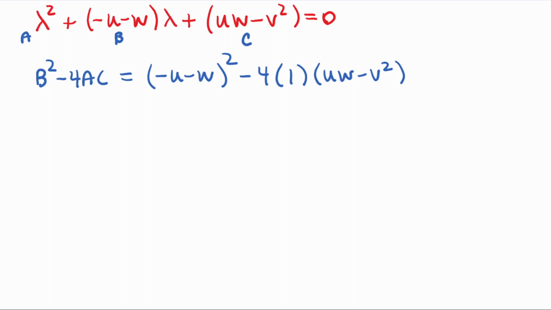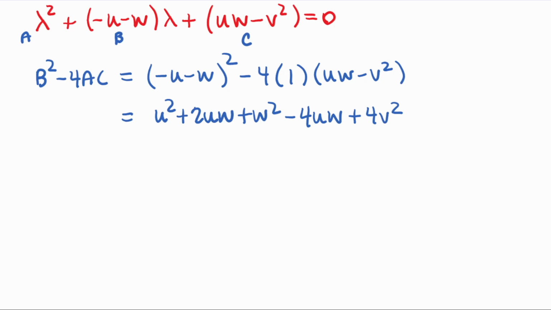All right, so when I square negative u minus w, that would be the same as squaring u plus w, so it would be u squared plus 2 times u times w plus w squared minus 4 times u times w plus 4v squared.